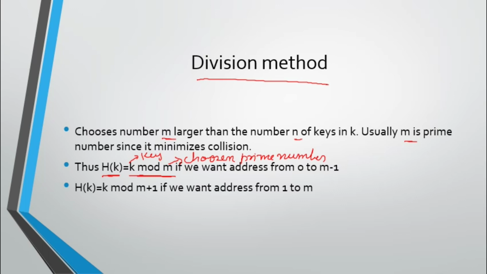If we want addresses from 0 to m minus 1, we use this. Similarly, h of k is equal to k mod m plus 1 is one more formula, if we want addresses from 1 to m. We can use either and proceed with the division method. Let us understand this with an example for the division method.